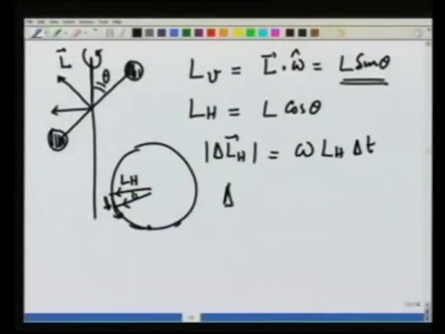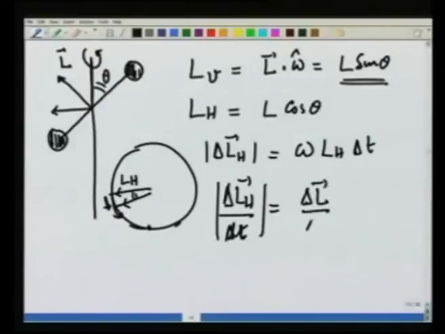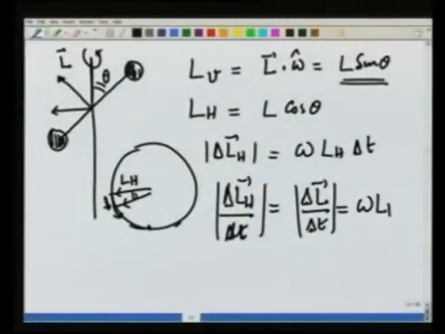And therefore delta L_H over delta t magnitude is going to be same as delta L over delta t magnitude, because it is only the horizontal component that is changing, and this is going to be omega times L horizontal.